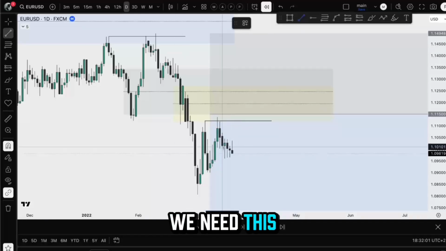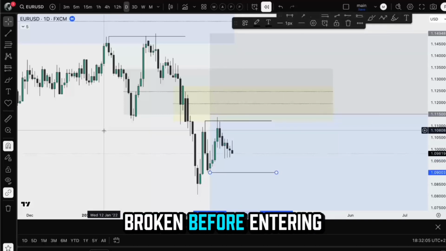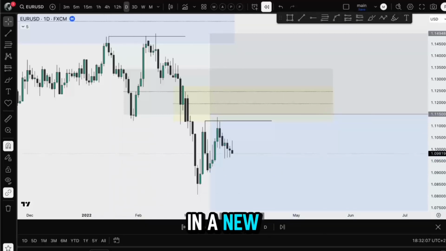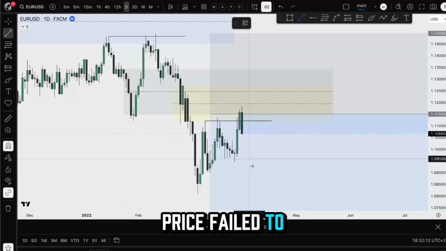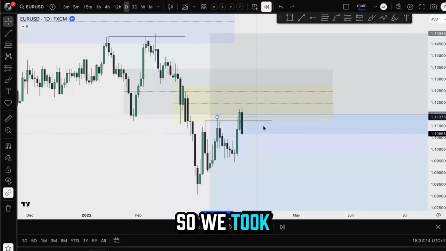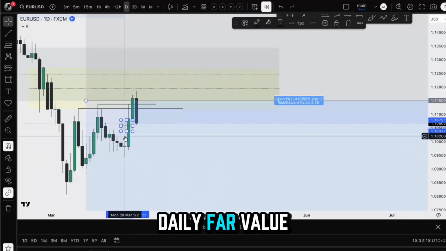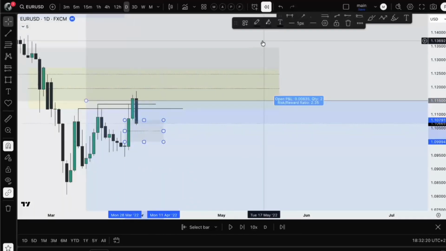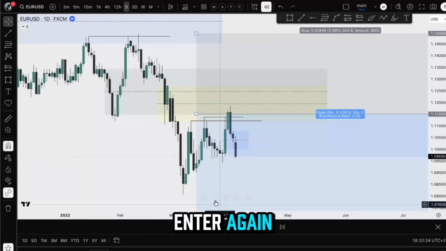We need this low to be broken before entering a new trade. Price failed to displace lower, so we took this high again, and let's see if this daily fair value gap gets inversed and we could enter again.